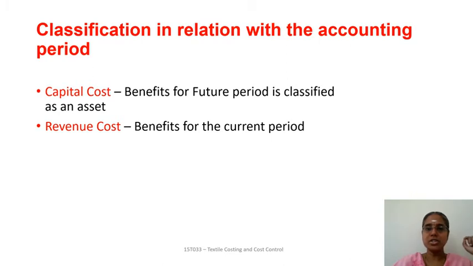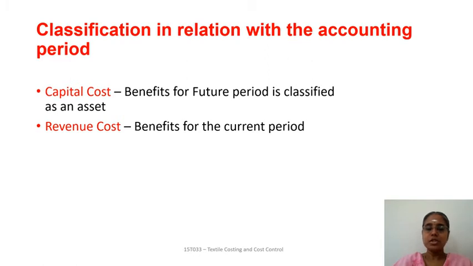As I already mentioned in the third lecture, capital costs are costs that should not be taken into account for cost classification or finding the cost of a product. You have to only take the depreciation. That is what I mentioned as capital or capitalized cost.